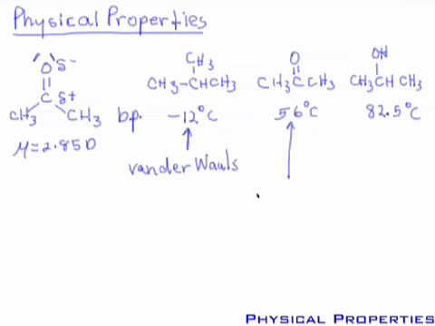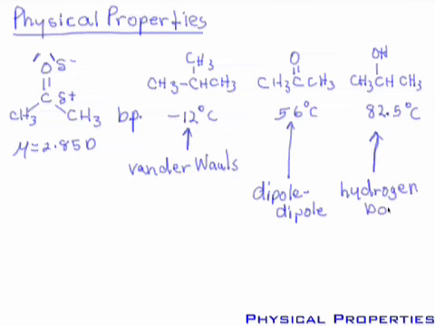Acetone has dipole-dipole forces, a stronger intermolecular force, interaction between the carbonyl dipoles of different molecules. Isopropyl alcohol is the strongest of the dipole-dipole forces, so strong it's given its own name, a bit of a misnomer. Hydrogen bonding, not a bond, really an intermolecular force. And that accounts for the higher boiling point.